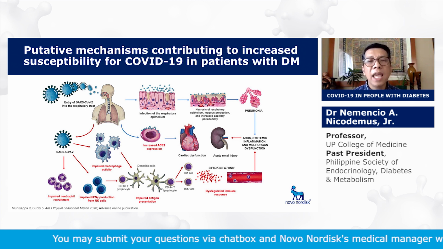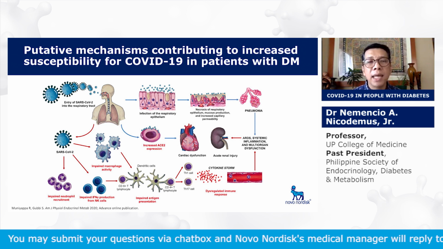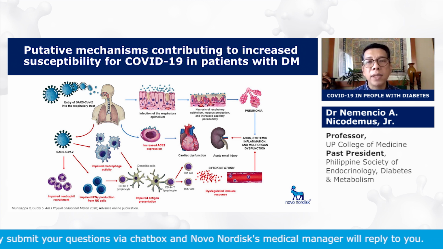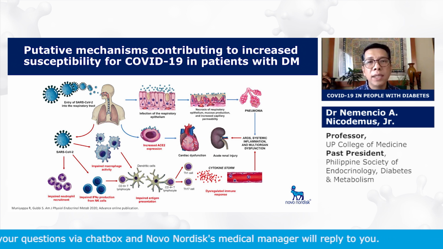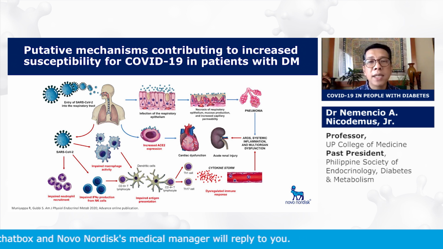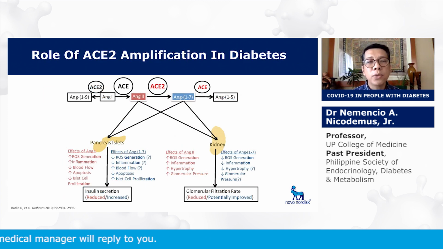But is ACE2 really something that we should be worried about? Is it just active now that we have COVID-19? In reality, among patients with diabetes, the ACE2 is overexpressed. And this role of ACE2 amplification among patients with diabetes is something that has already been known even years before we had the COVID-19.